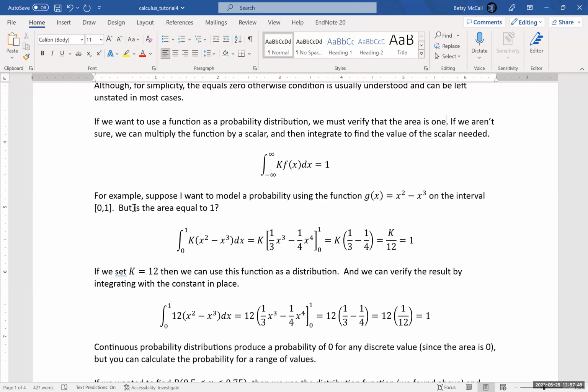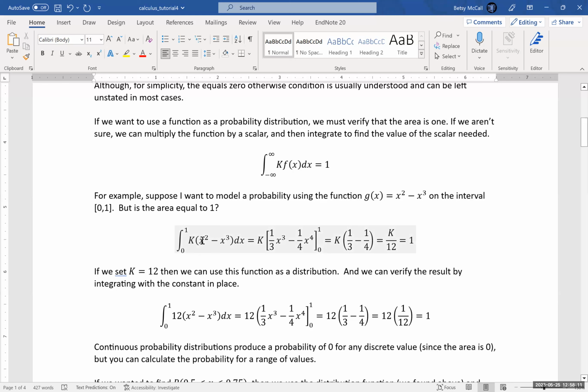Those are our conditions for having a probability distribution: that all the values be positive. And so we want to integrate this to find the value of k that will make this a valid distribution in which the area is in fact equal to 1.